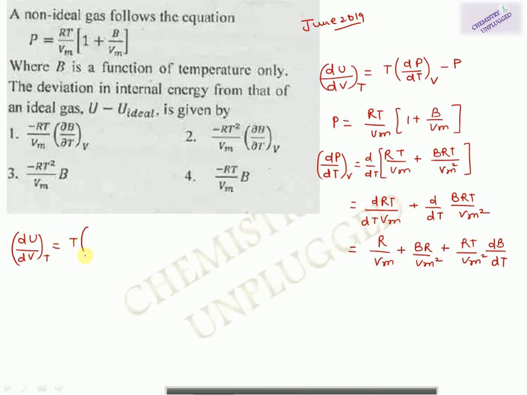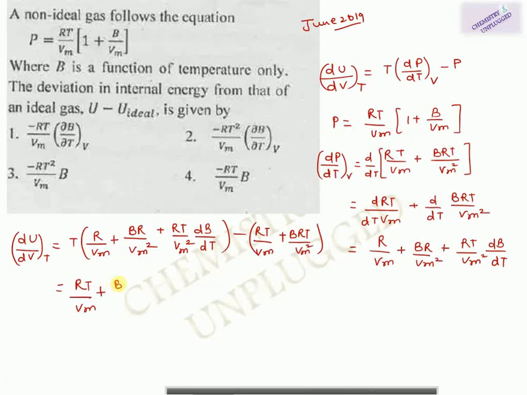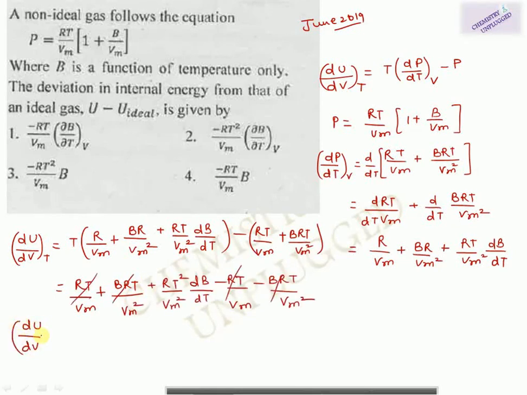So we will get dU over dV at constant temperature is equal to T, and we will put the value of P here also. So P is equal to RT over V minus B. When we solve this equation, we can cancel these two factors and we have this one only. So dU over dV at constant T is equal to RT squared over Vm squared dB over dT.